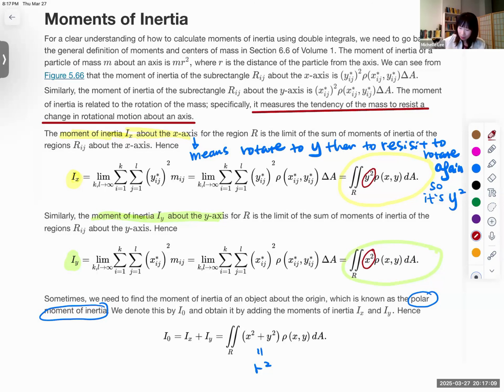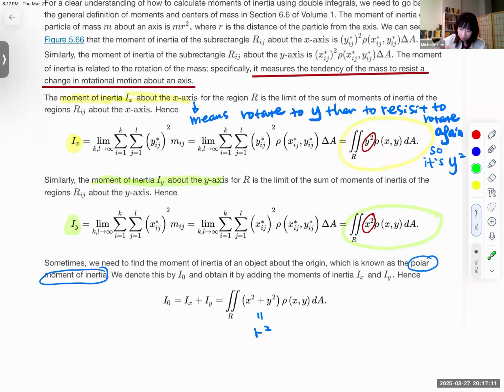All right. Now, if we have the moment of inertia of an object about the origin, then it's a polar moment of inertia.